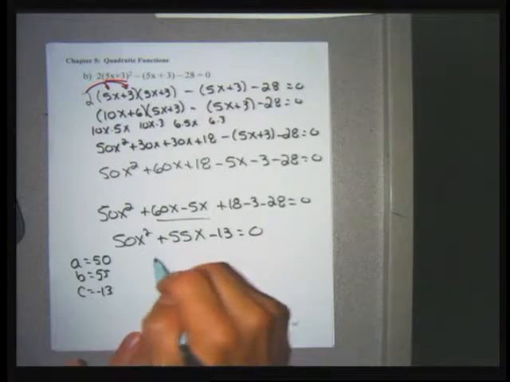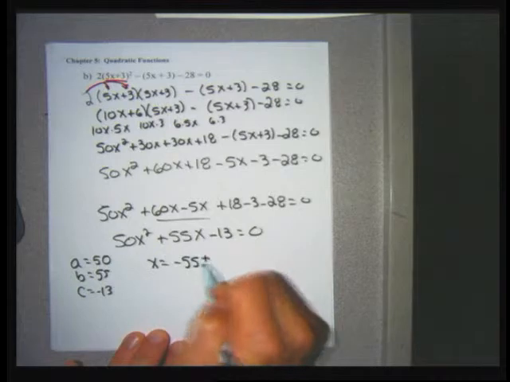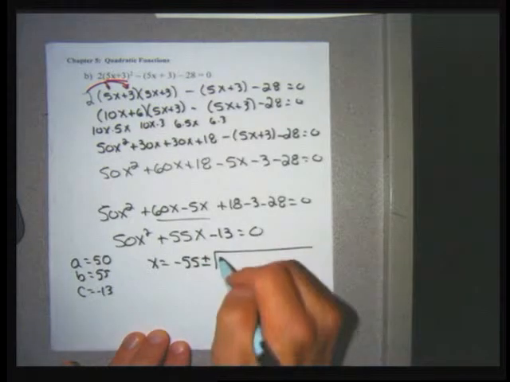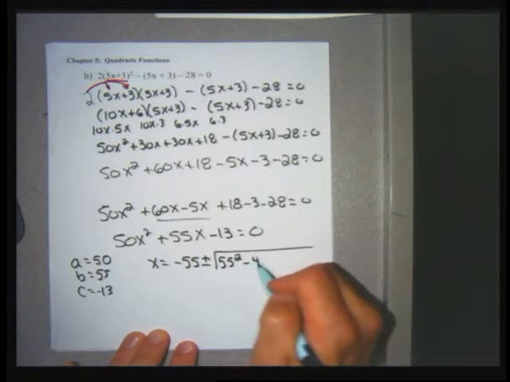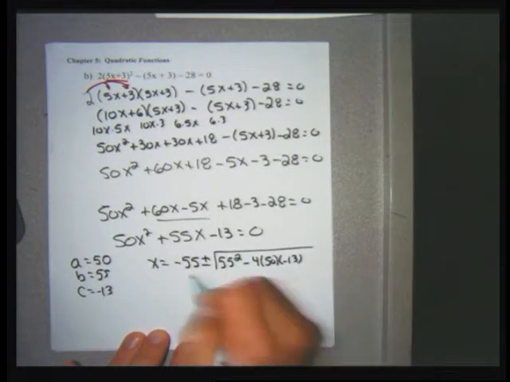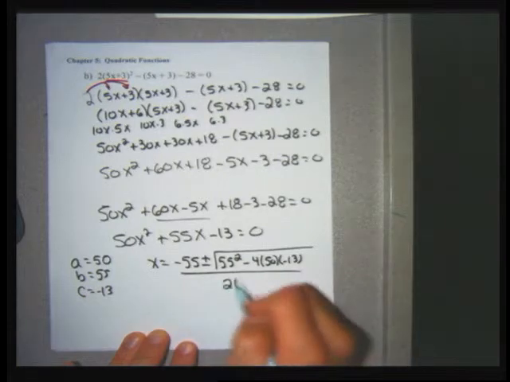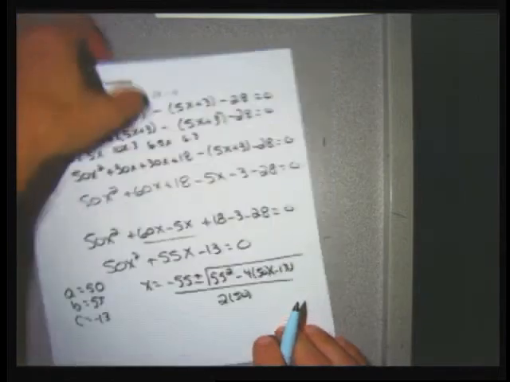So negative B, which is negative 55, plus or minus the square root of b squared, which is 55 squared, minus 4ac, which is 4 times 50 times negative 13, all over 2a, which is 2 times 50. No desire to do this without my calculator, so I'm going to break my calculator out and figure out what this equals.